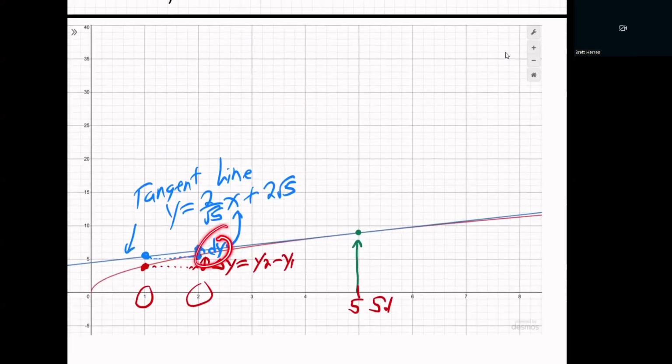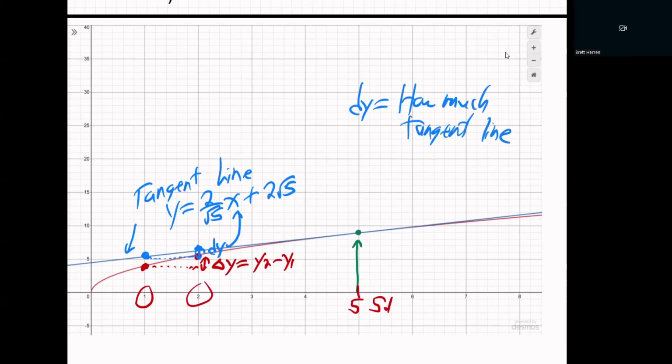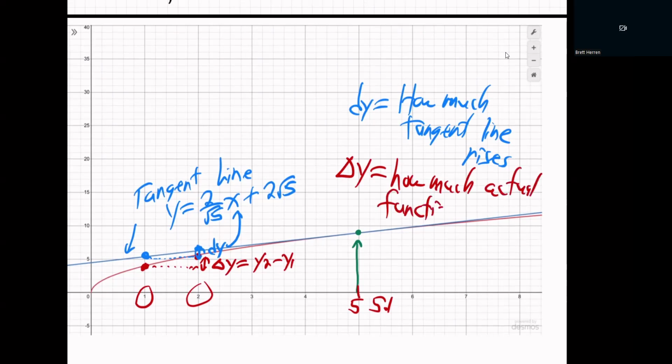So dy is how much the tangent line rises between the x values, and delta y is how much the original function rises.